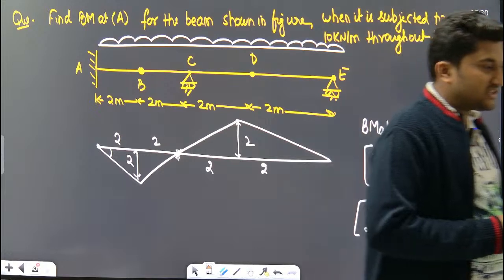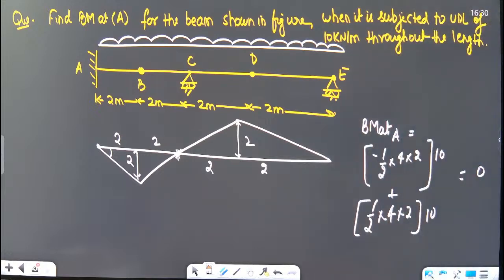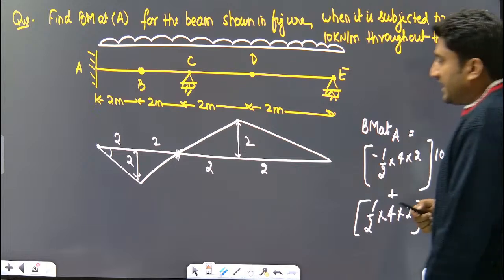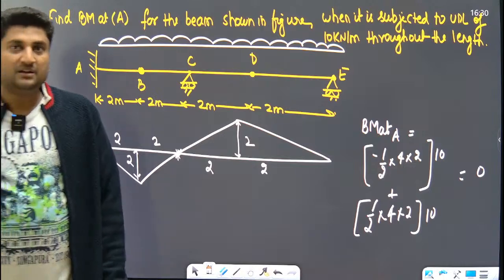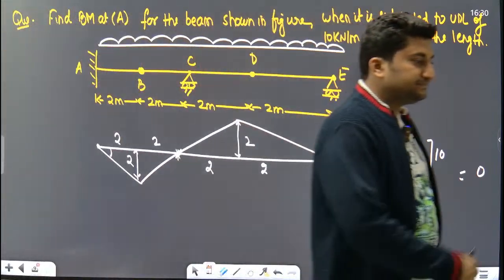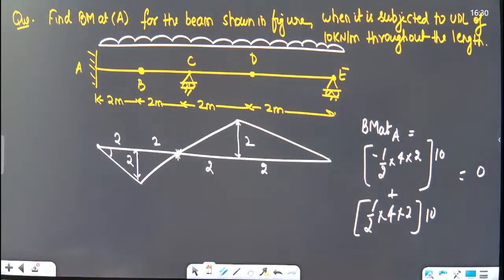I have given you the concept. Assume an imaginary hinge and give a unit rotation. The deflected shape will be the deflected shape of the ILD. Clear, everyone?